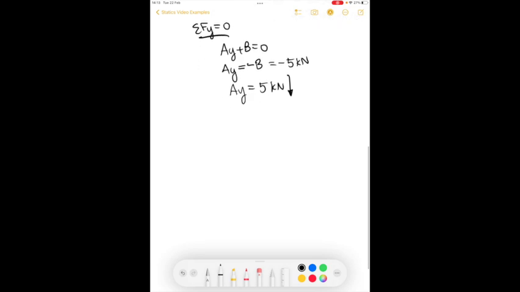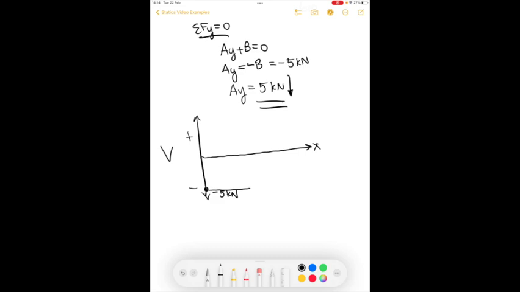So let's start by doing our diagram. Let's start with the shear diagram. Okay, we have positive shear, we have negative shear, we have our x-axis, and we're going to start with a negative shear. We saw that AY is downward. So there's a negative shear, and the value is negative 5 kilonewtons. And we're going to continue in a straight line until we get to our next external force.